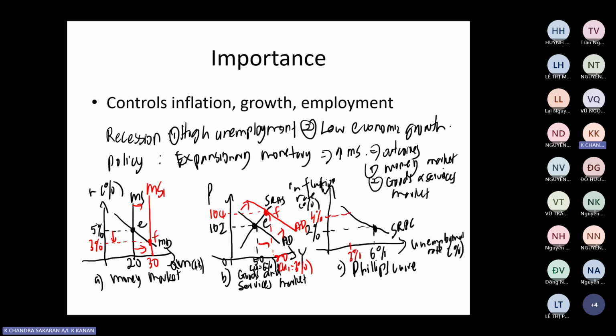So you have 4%, 3%. Some go up, some down. So this is the outcome of an expansionary monetary policy. What happened in the money market, what happened in the goods and services market, and what happens in the Phillips curve? What is the trade-off? So the trade-off will be lower unemployment, higher inflation.